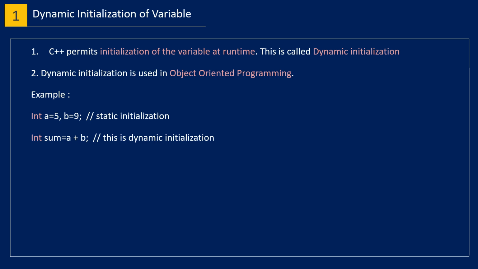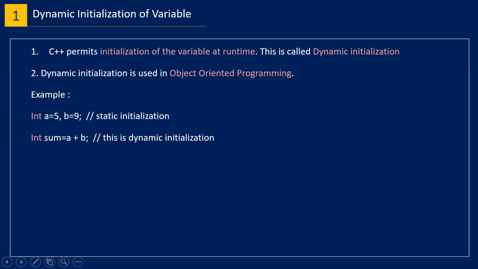It means sum is a variable we have initialized at runtime and not at compile time. When this statement gets executed at runtime, only then the value of a + b will get calculated and assigned to this variable sum. So that is the reason it's called dynamic initialization.